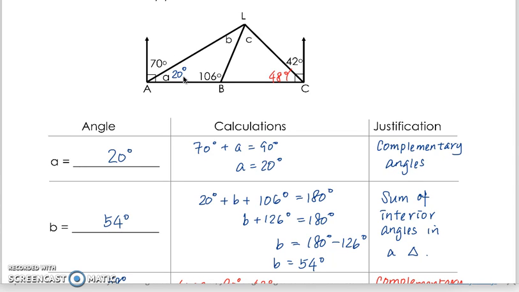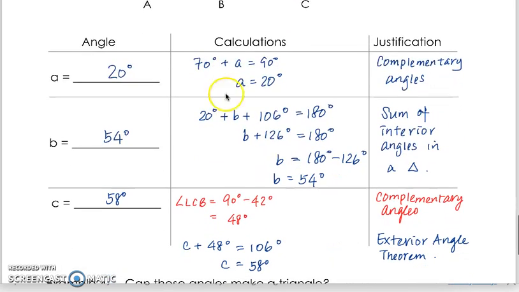So now when I look at the diagram, I'm in this triangle. I know this is 20 degrees, this is 106 degrees, and I have angle B. Well, it looks like we can use the sum of interior angles in a triangle to find the size of angle B. Because 20 degrees plus B plus 106 degrees should add up to 180 degrees.